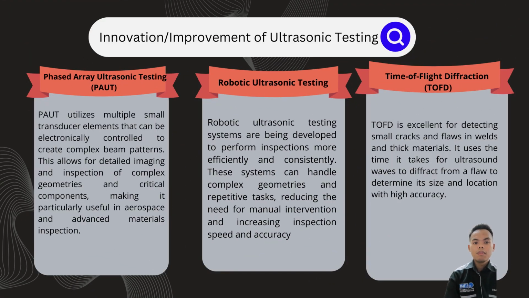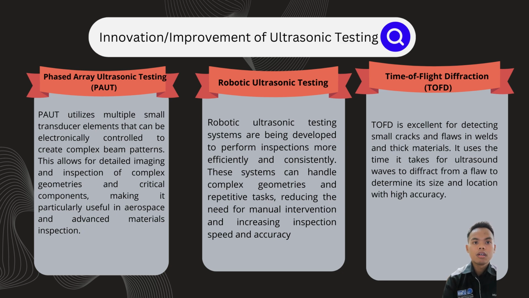Assalamualaikum. My name is Amir Hazmi bin Mohammad Hanapiah, and I will present about the innovation and improvement of ultrasonic testing. So we have 3 advanced ultrasonic testing methods which have advanced functions compared to conventional ultrasonic testing. Firstly, we have phased array ultrasonic testing, which we call PAUT.